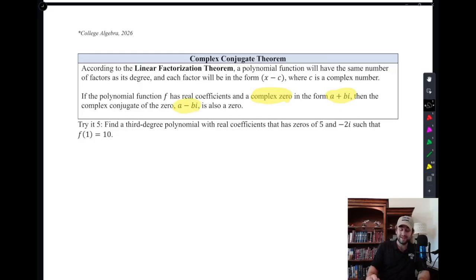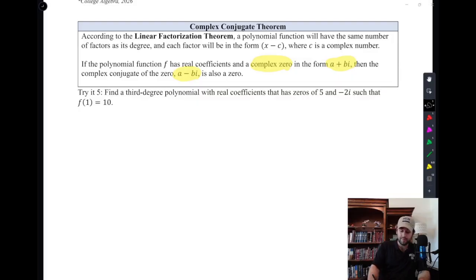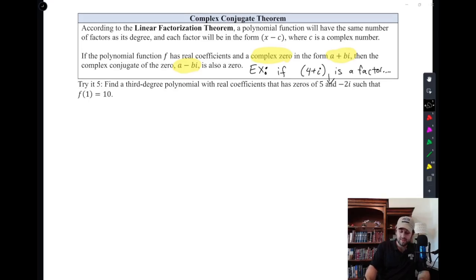So if you want an example of this before doing the problem, here's an example. If 4 plus i is a factor, so is the conjugate.